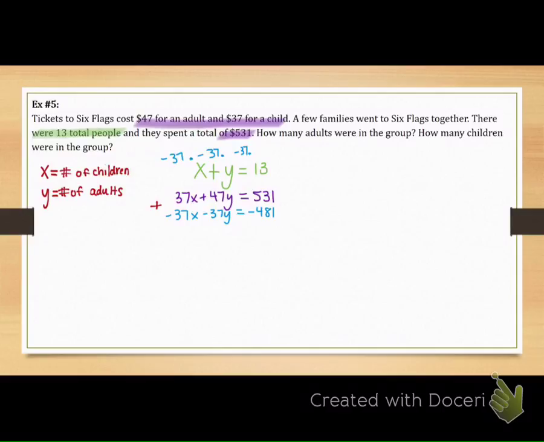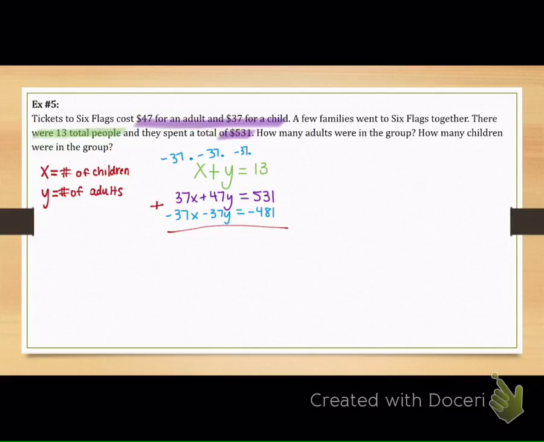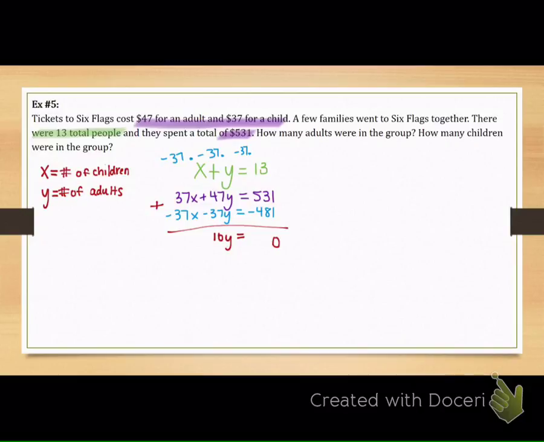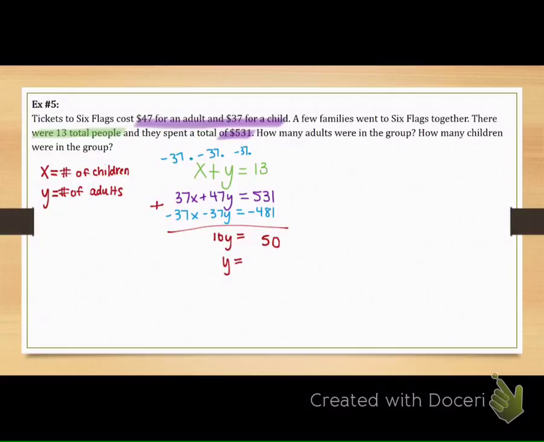So now we can add those together. So I get 10y equals 50. So y equals 5.